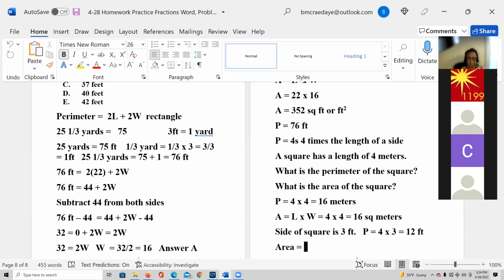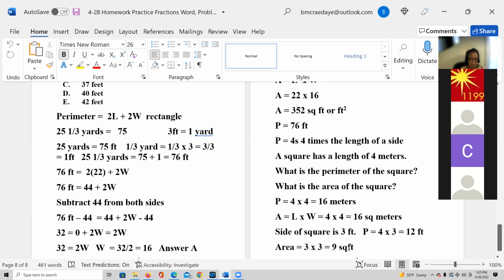Side times side. What's side times side? The side of the square is 3. So what's side times side? 9. 9 square feet. So it'll be 3 times 3, equal to 9 square feet. All right.